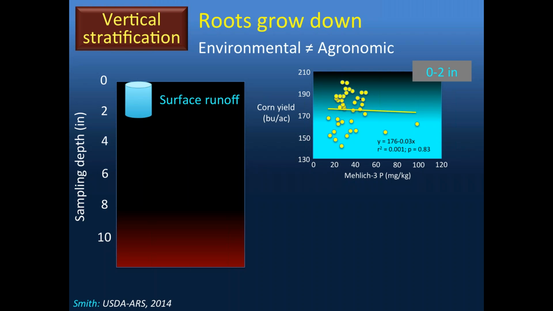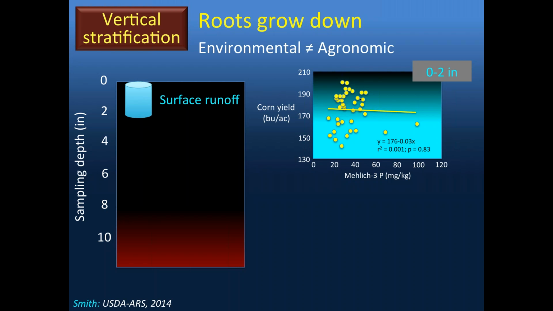Let's look at that now from an agronomic standpoint. Doug Smith, who was mentioned earlier, went out in the field in Indiana and sampled a number of soils and then related that to the yields that he got back from farmers with whom he was working. And what he found was when he took that shallow sample, the 0 to 2 inch sample, and he tried to relate it to corn yield, it in fact was quite poor.